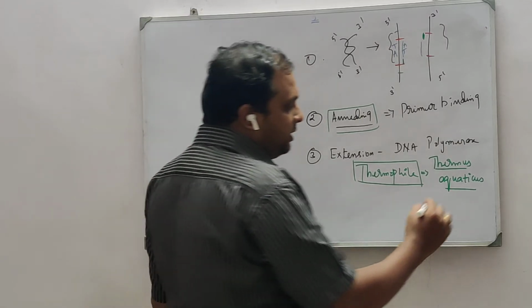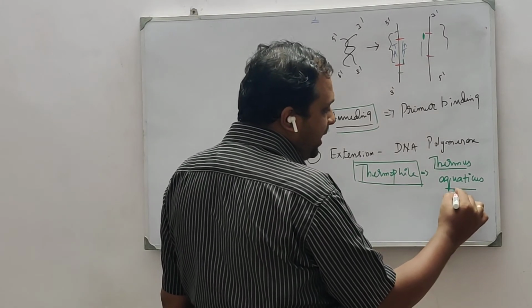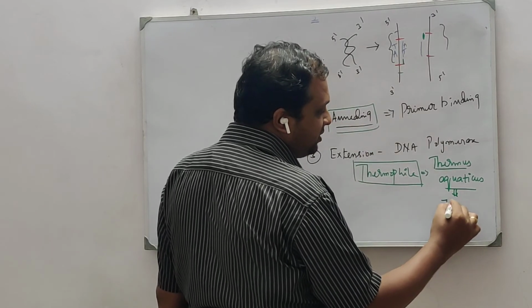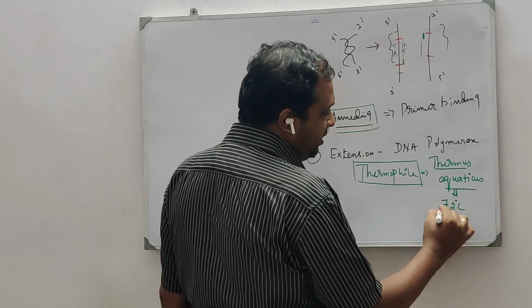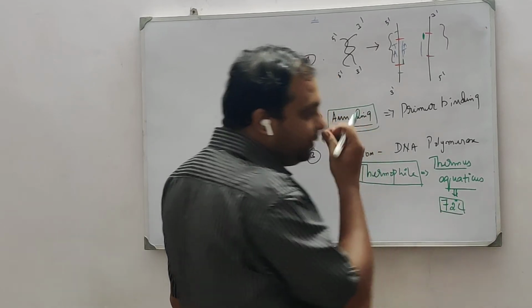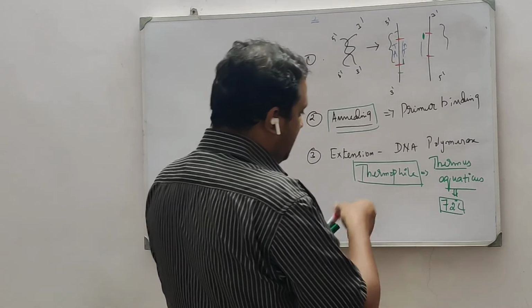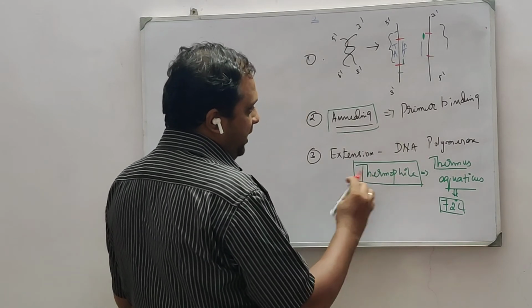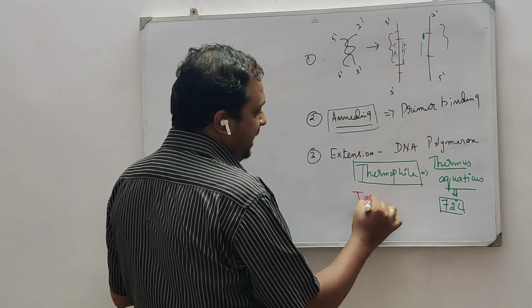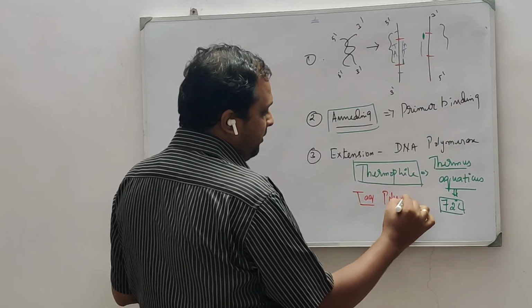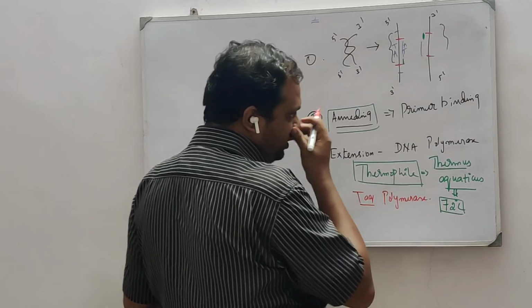So the temperature at which Thermus aquaticus can work is 72 degrees Celsius, and we get the DNA polymerase from Thermus aquaticus. Hence, it is referred to as Taq polymerase. Okay, Taq. Thermus aquaticus polymerase, right, which is called Taq polymerase.